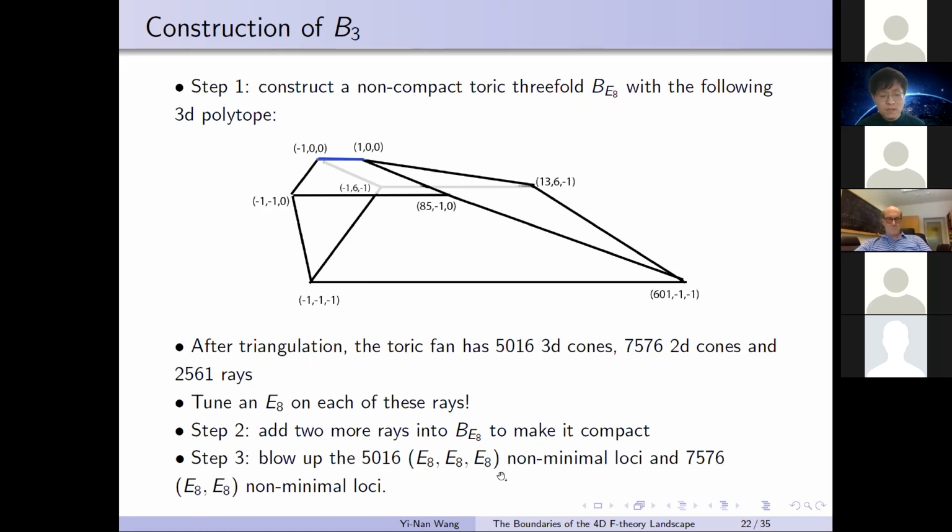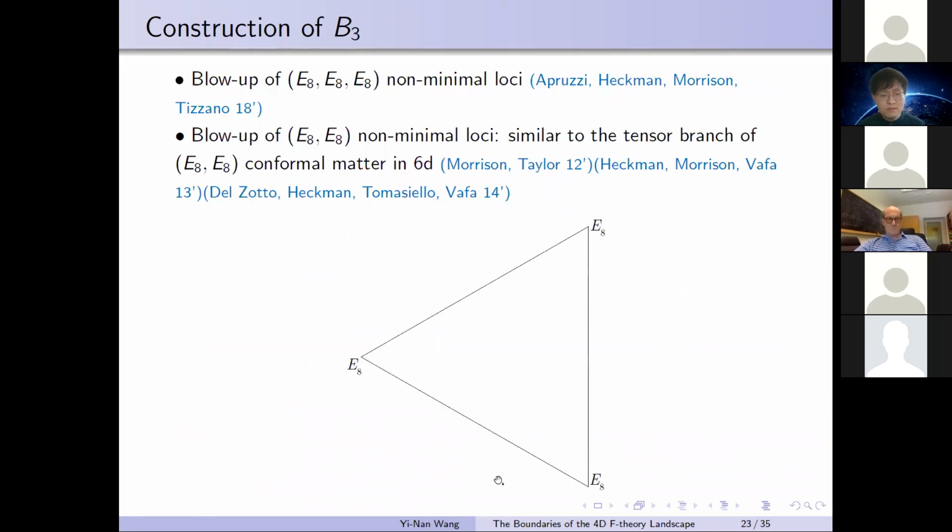So the blow-up of these non-minimal loci are actually already studied before. So for the codimension 3, the collision of 3 E8 gauge groups was studied in this 4D conformal matter paper already. And for the blow-up of the codimension 2 non-minimal loci, which is a collision of 2 E8s, that's completely the same as the tensor branch structure of a minimal E8-E8 conformal matter in 6 dimensions.